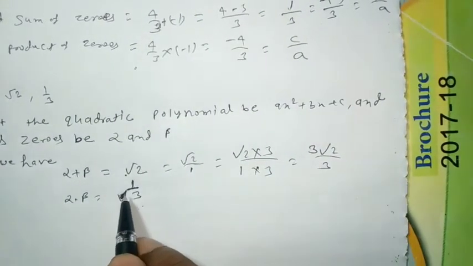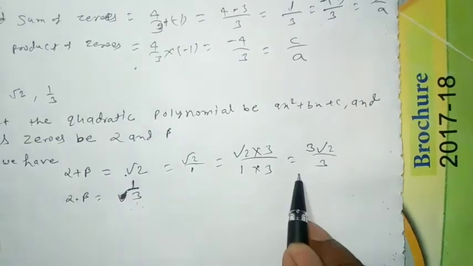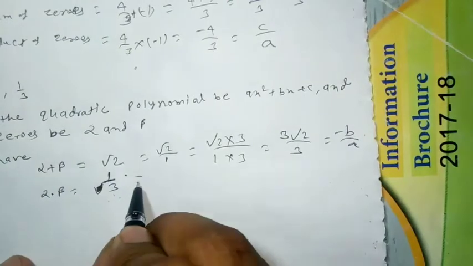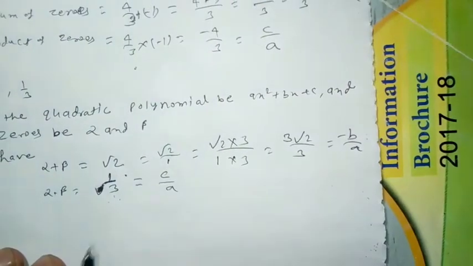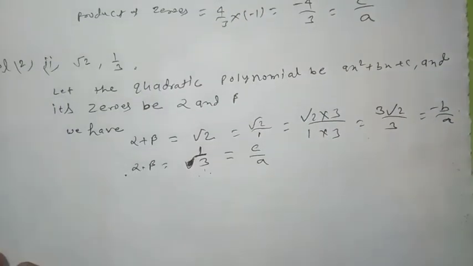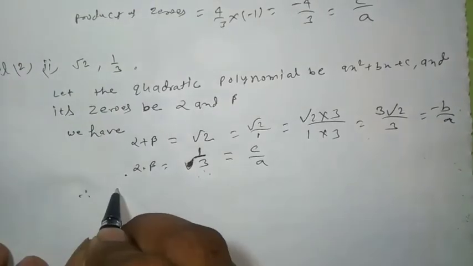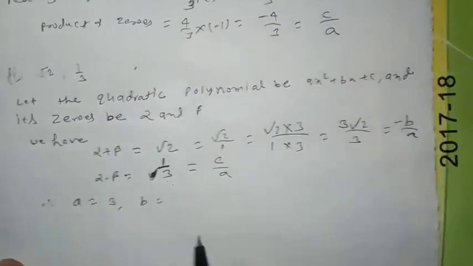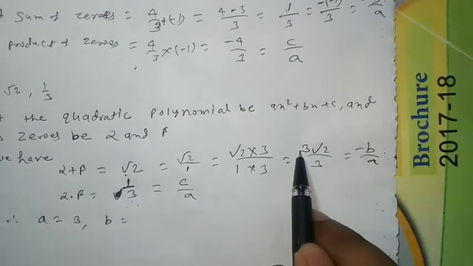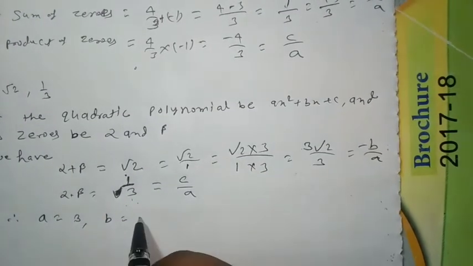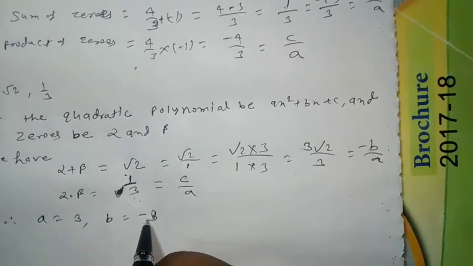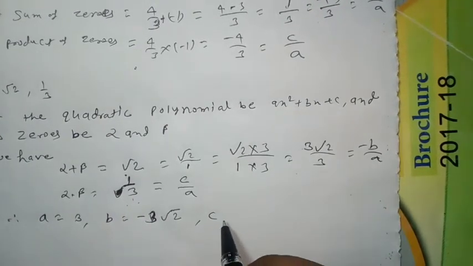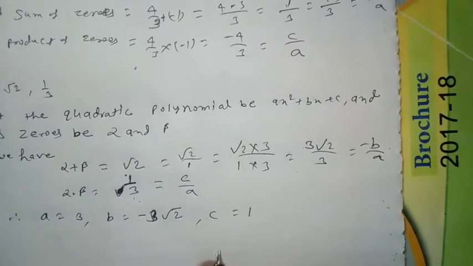Now this is 1 by 3 and 3 and 3 are equal, so minus b by a, and alpha into beta is c by a. Therefore a is equal to 3, b is equal to 3 root 2 (here the minus goes to the other side), c is equal to 1.